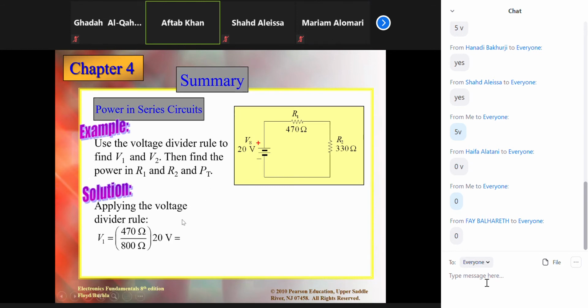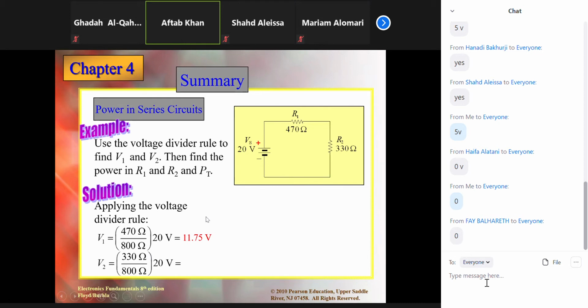In order to find the power, you can see V1: 470 over 800. So 470 is R1, over that sum, which is 800, multiplied by 20. So we will be getting V1, which is 11.75. Now, I want to calculate V2.